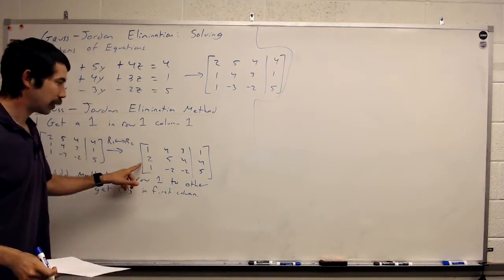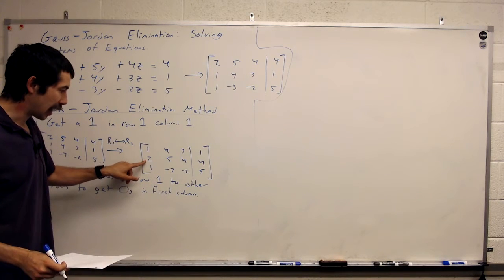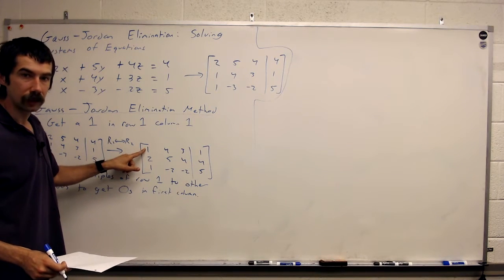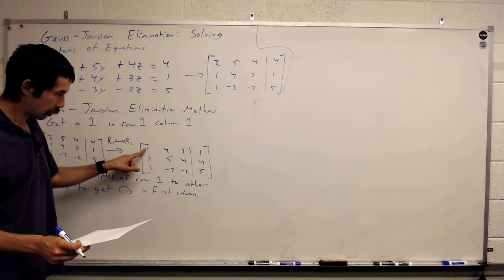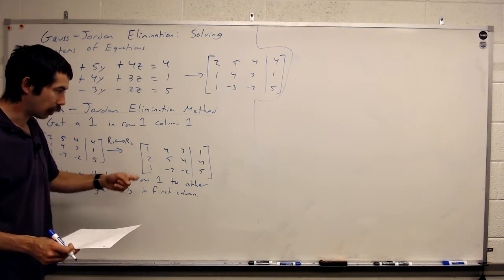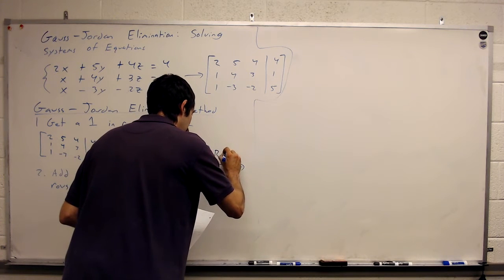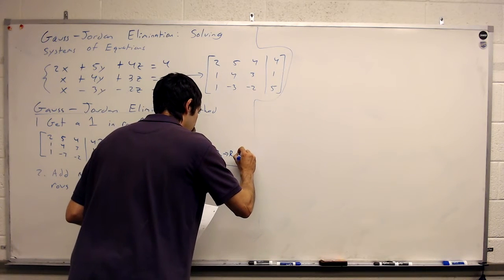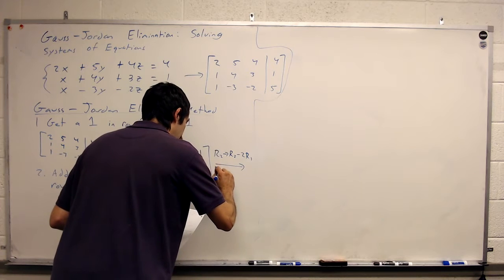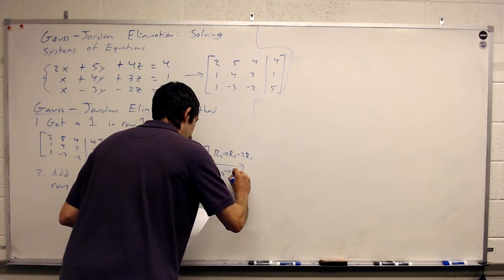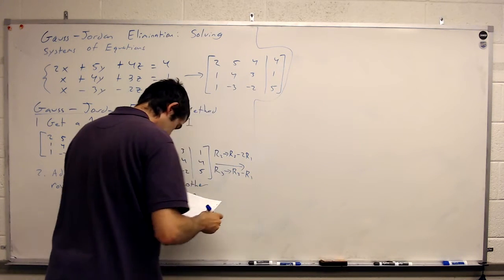All right, so what can we do here? We're going to add -2 row 1 to row 2 and negative row 1 to row 3. All right, so row 2 will become row 2 minus 2 row 1, and row 3 will become row 3 minus row 1.